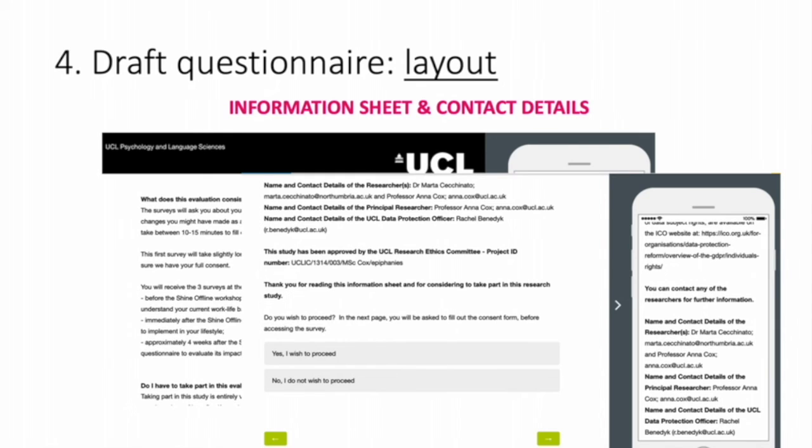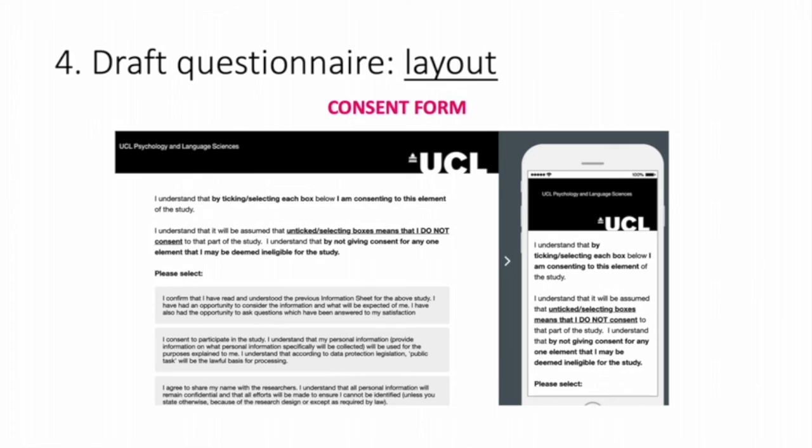And then at the very bottom, I've included name and contact details of the researchers, the ethical approval number, and making sure that they've read and understood the information sheet, asking them specific approval, that confirmation that they have understood. At that stage, it sends them to the consent form.